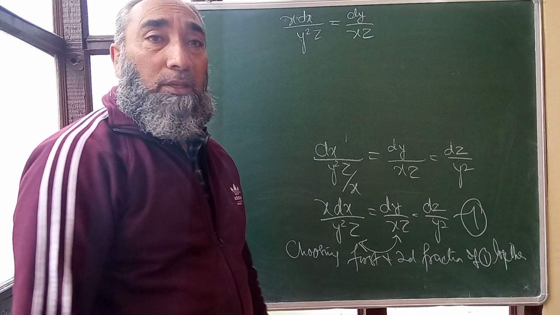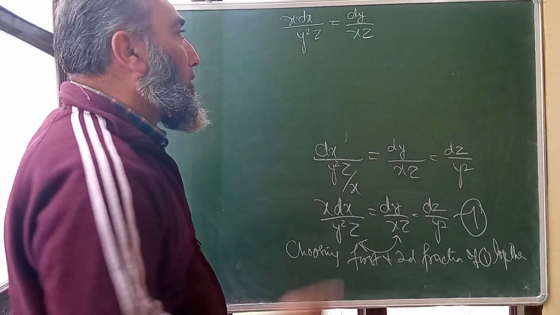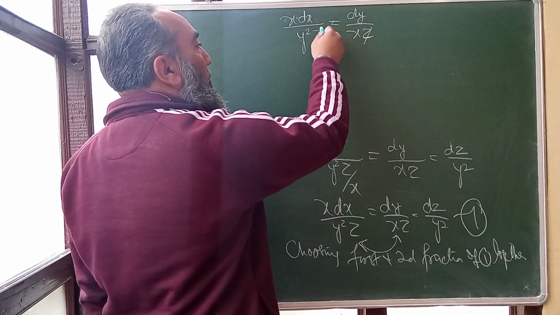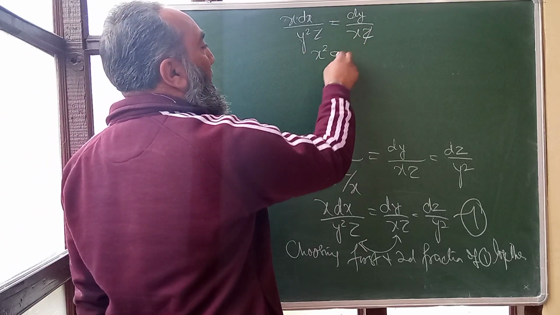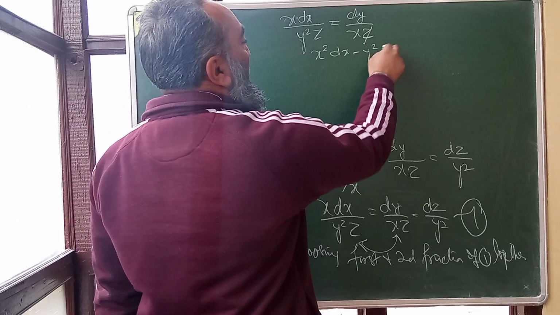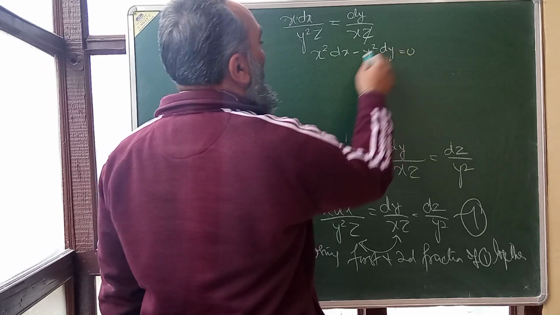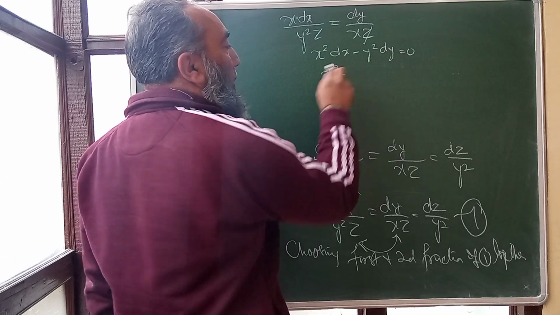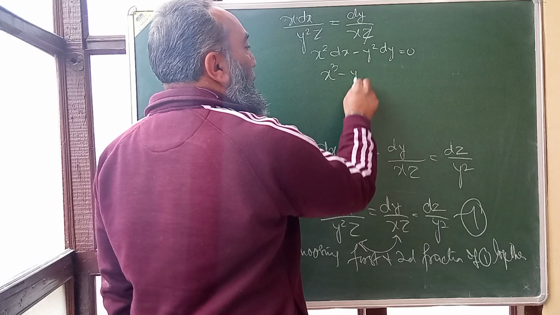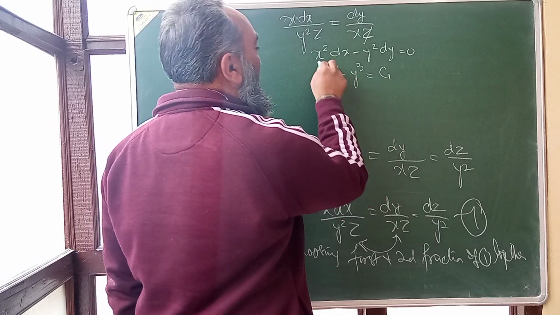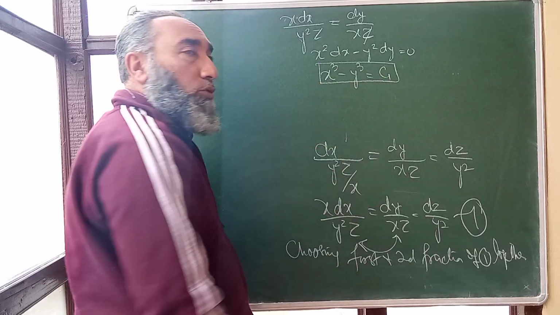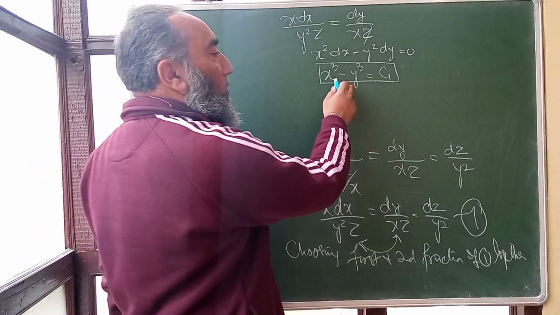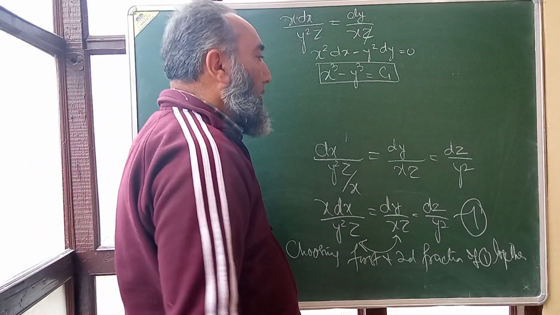See, one of the variables is either present or cancels out. This is our rule 1. This cancels out. So this is x square dx minus y square dy equal to 0, which gives us x cube by 3 minus y cube by 3 equal to c1. This is the first solution, say u(x, y, z) equal to c1.